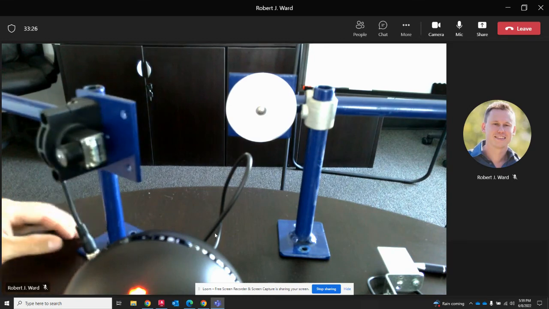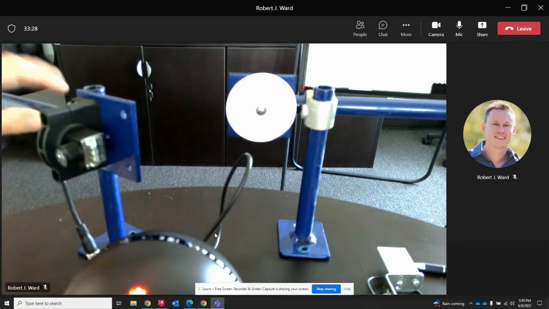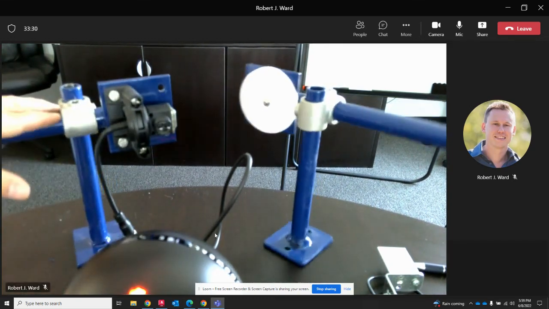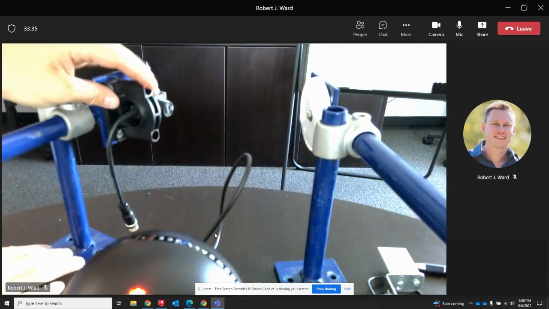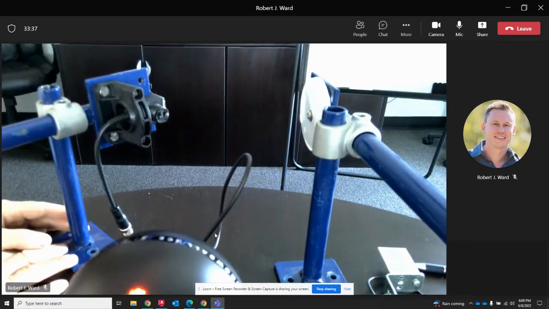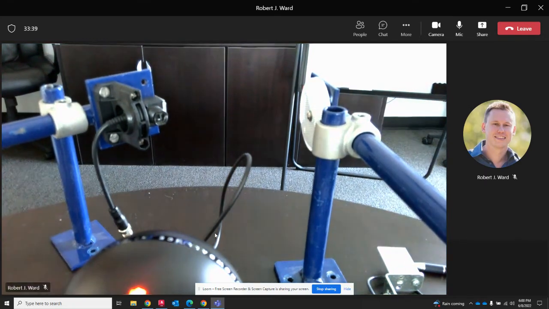And that makes the alignment process even easier. So you don't have to touch any of these knuckles to move the X, Y, and Z axis. You actually just come in here. You can loosen these two screws up and adjust this by hand. And it makes for a really easy alignment, lock it down.